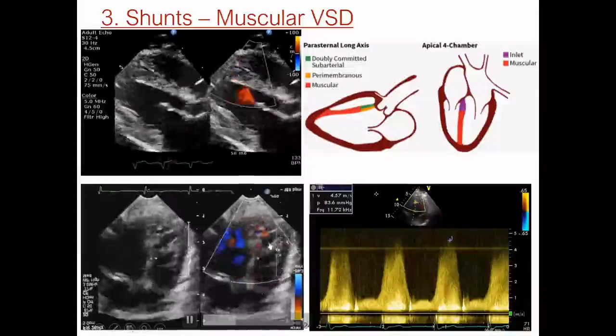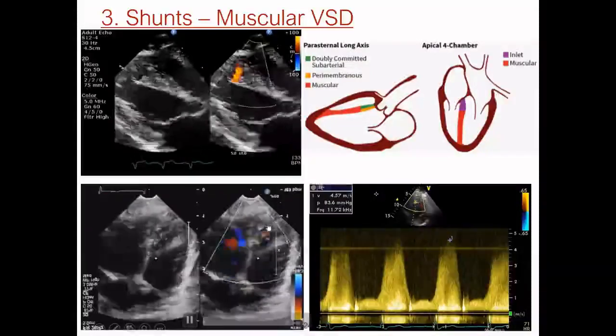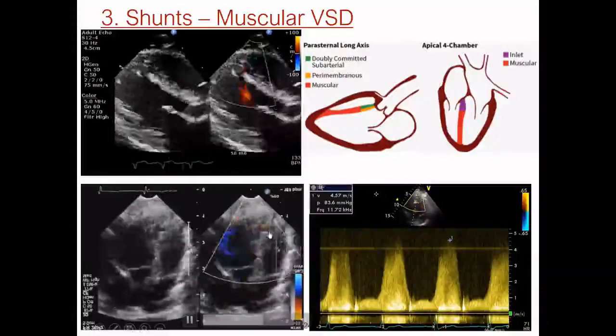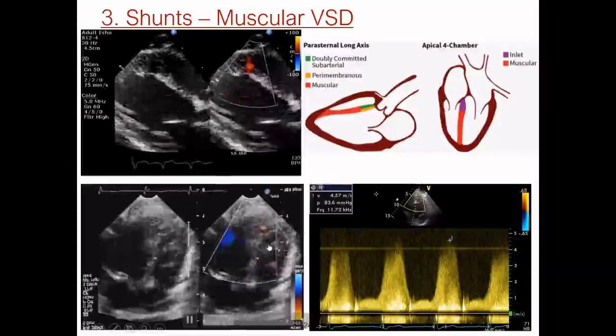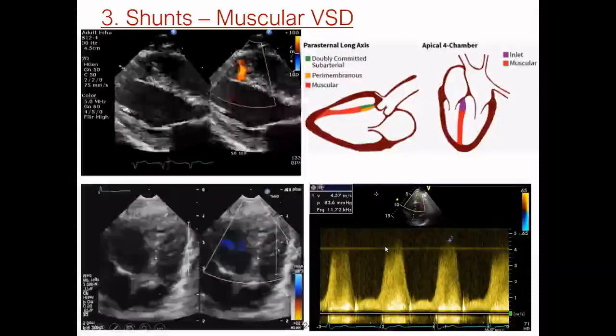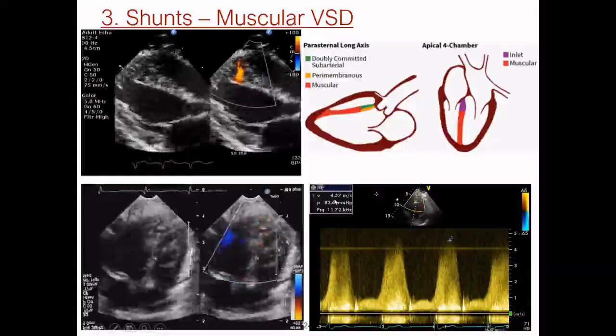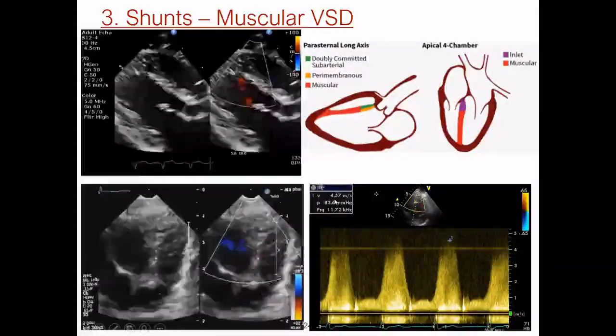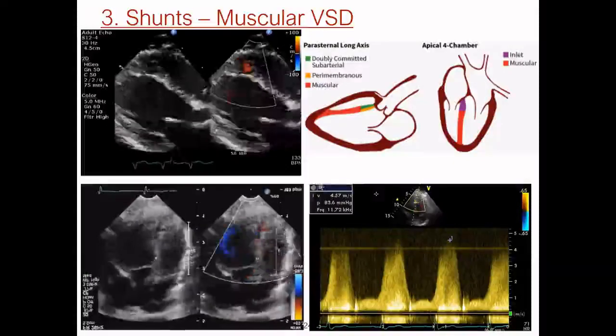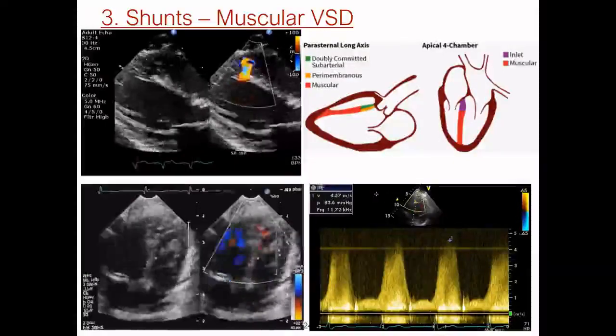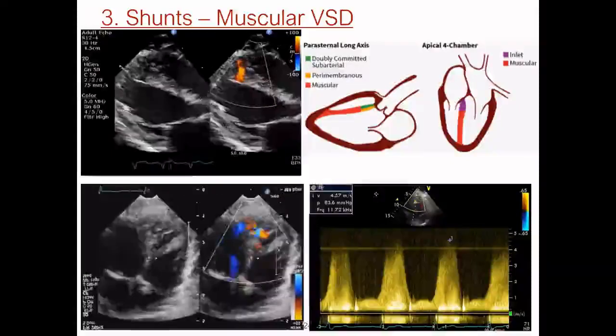And here is another example. So in this patient, there are 2 different muscular VSDs. The velocities through them are 4.6 meters per second. So these would be 2 muscular VSDs that are restrictive.